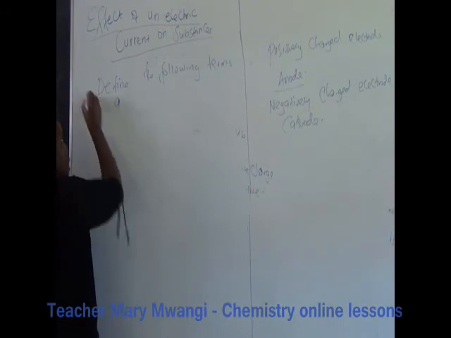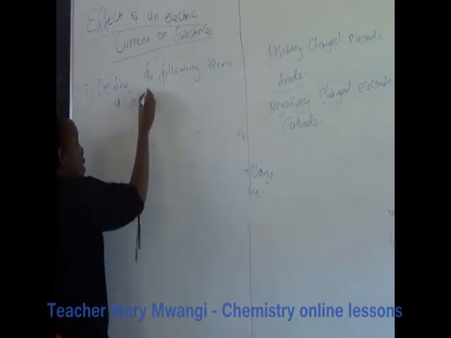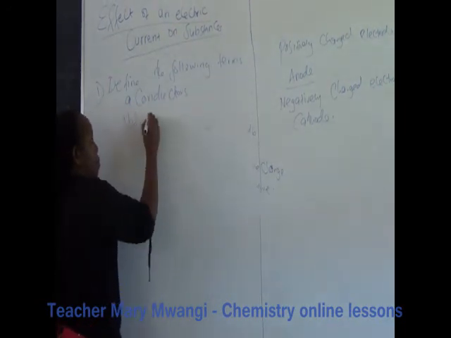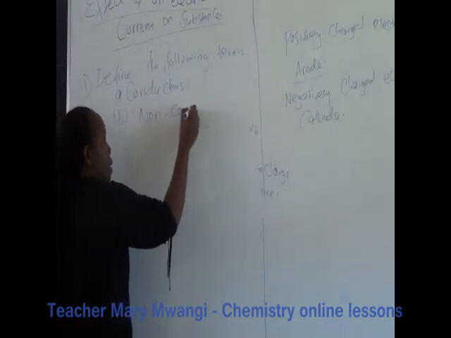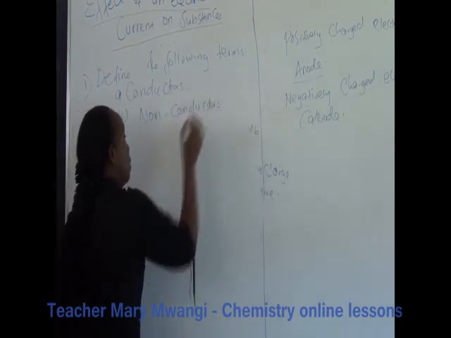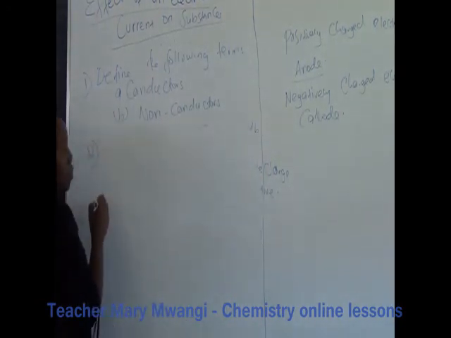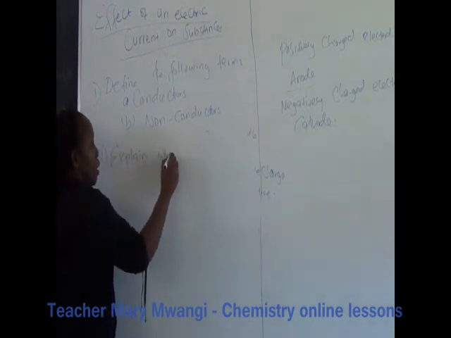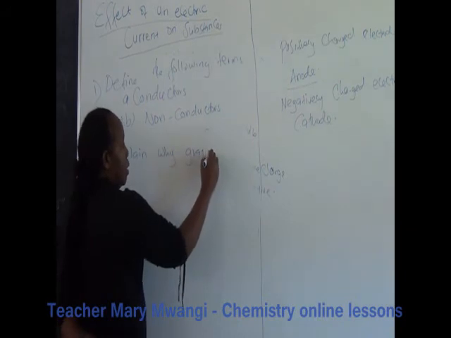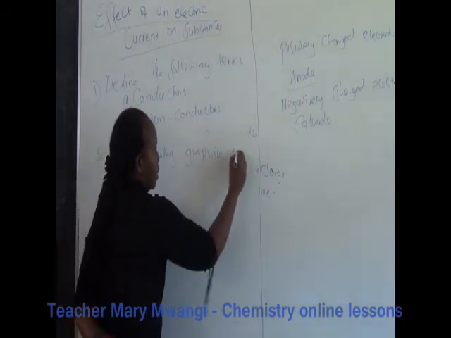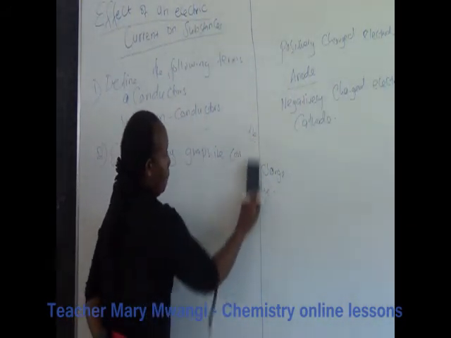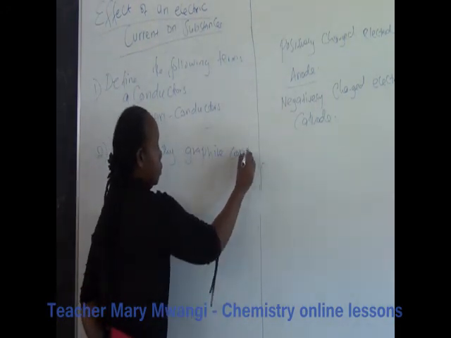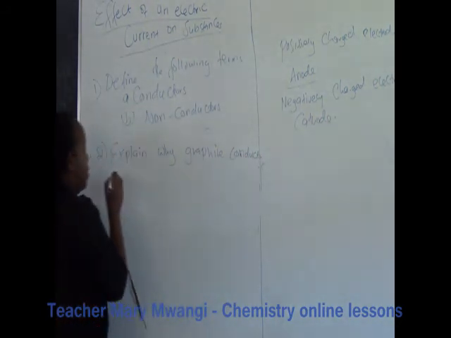The first one, A, conductors. B, non-conductors. The second question, explain why graphite conducts electricity.